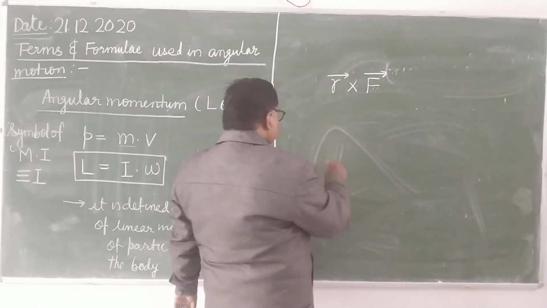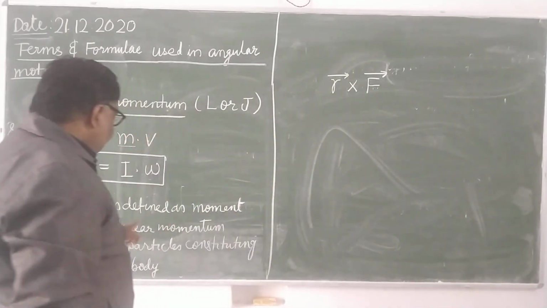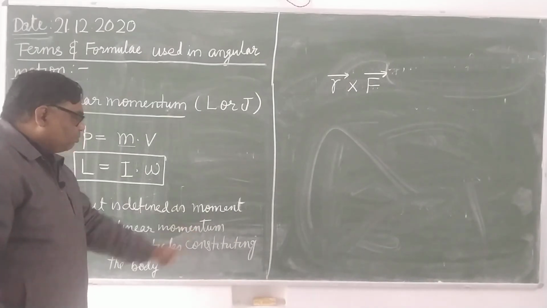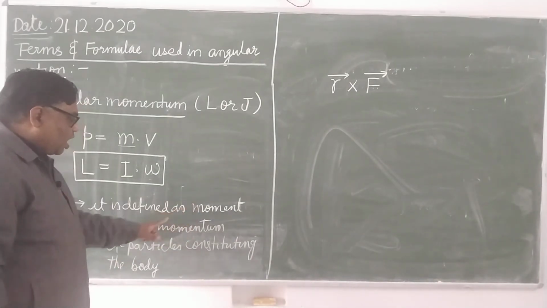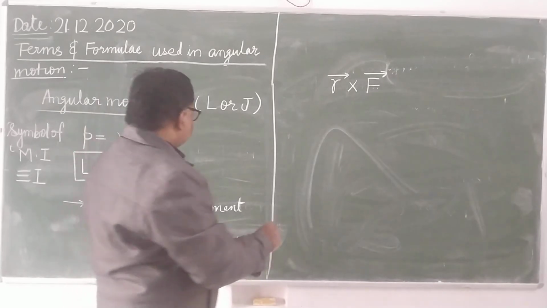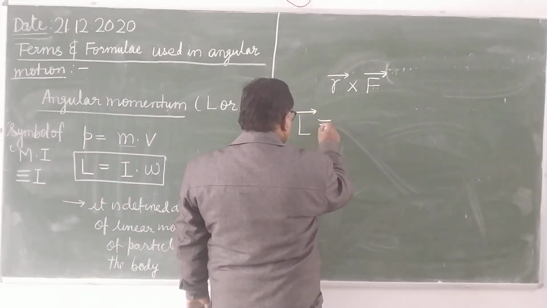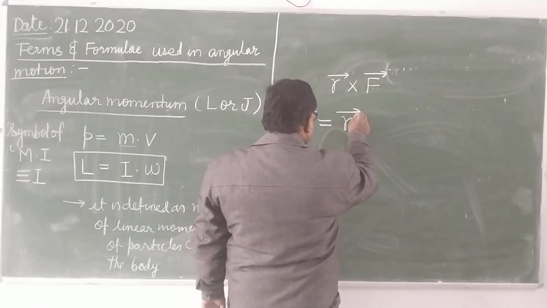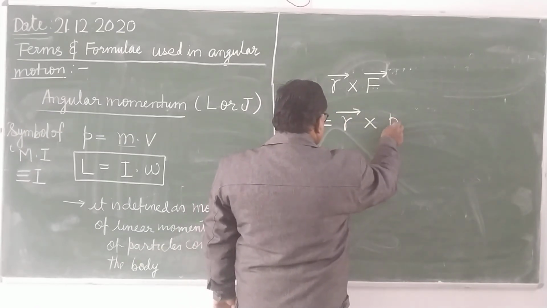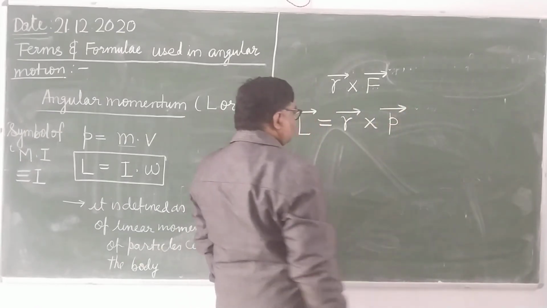In the same way, moment of linear momentum is defined as vector r cross vector p, that is, vector L equals vector r cross vector p. Is it clear?